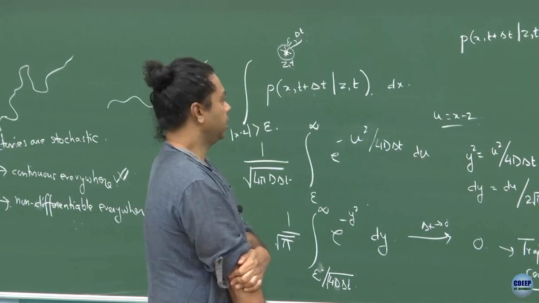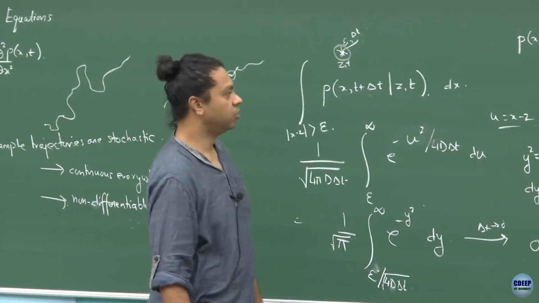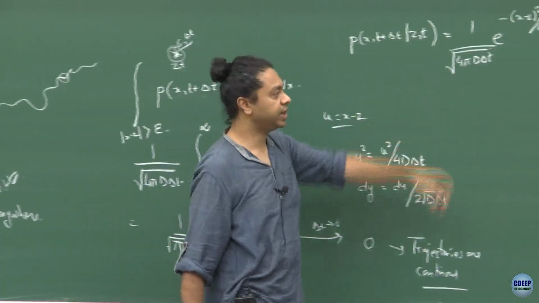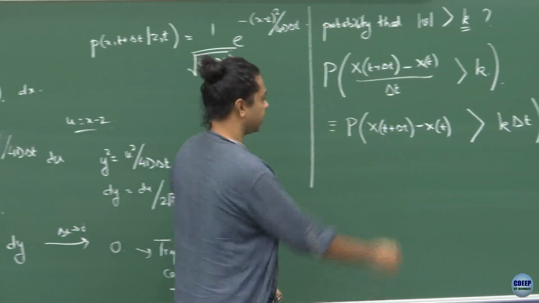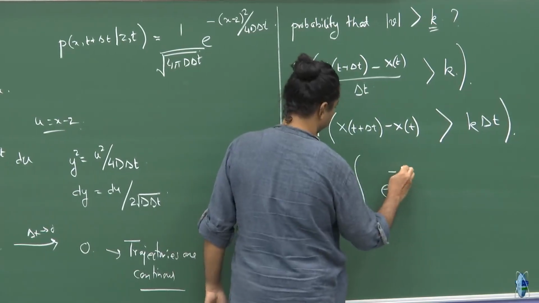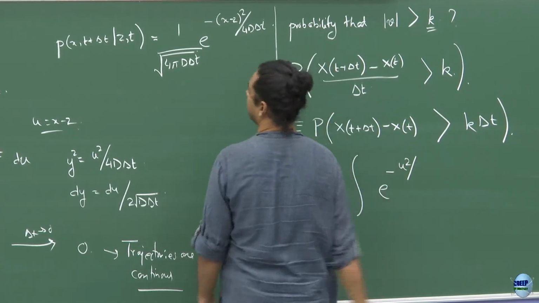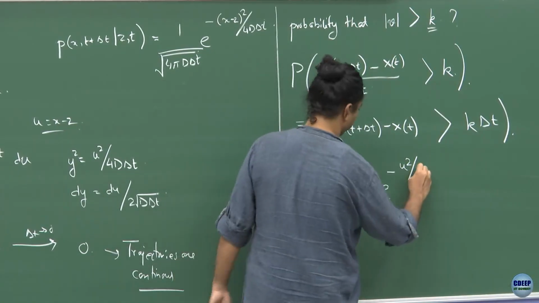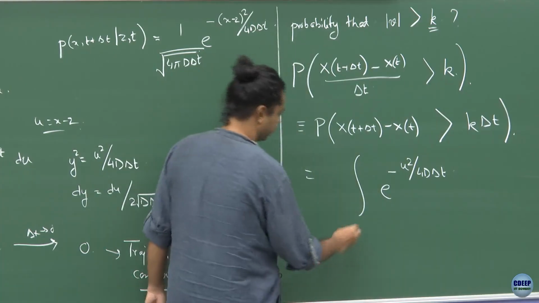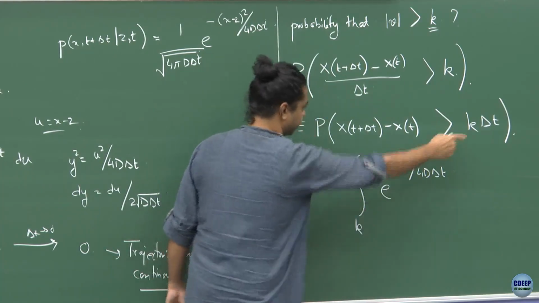Again, I know how my probabilities evolve. My probabilities evolve like a Gaussian. So, in time delta t, if I calculate this, it is nothing but again e to the power of minus u square by 4 d delta t, and in this case it is greater than k delta t.